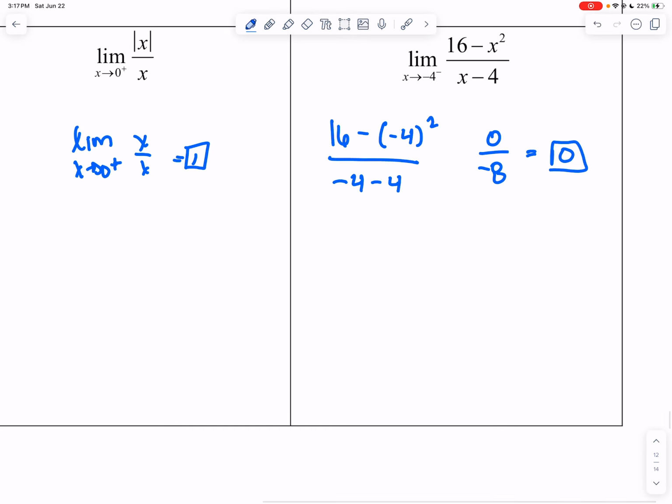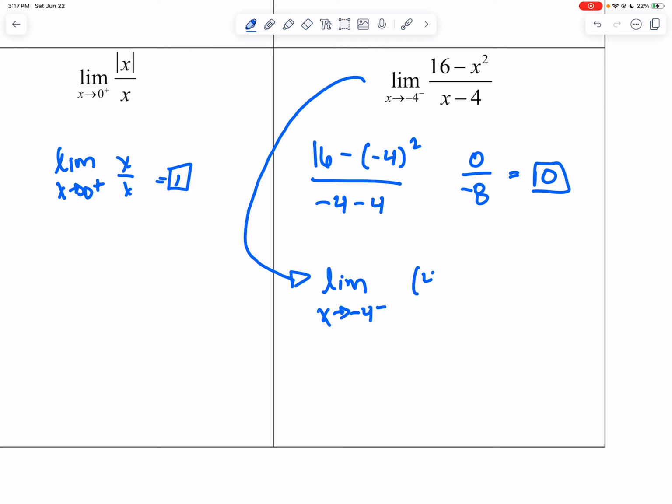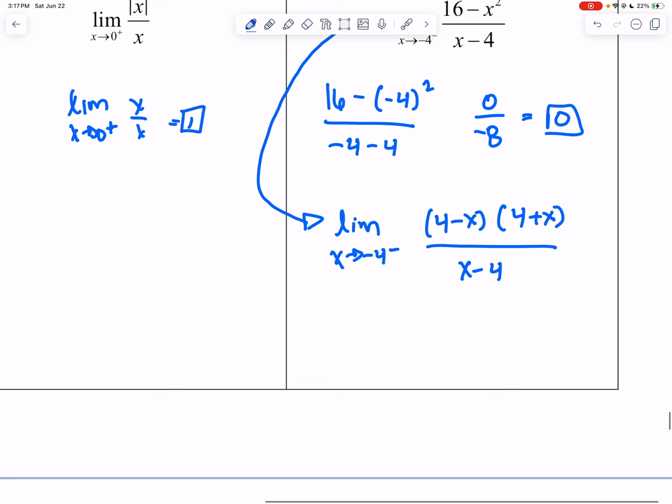Now, can you simplify the 16 minus x squared? Yeah. You could say 4 minus x, 4 plus x over x minus 4. Let's go ahead and factor out a negative from here so that I have negative 4 minus x.